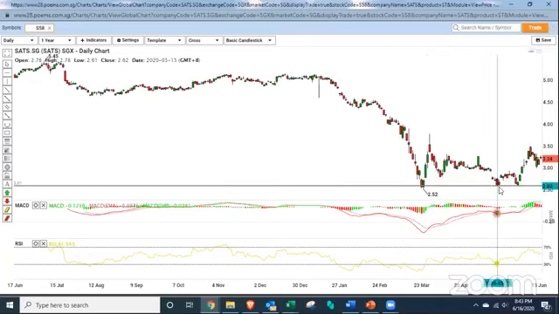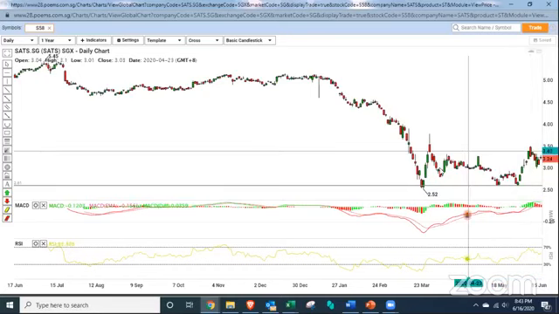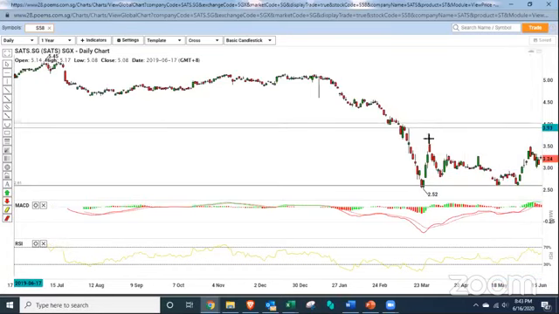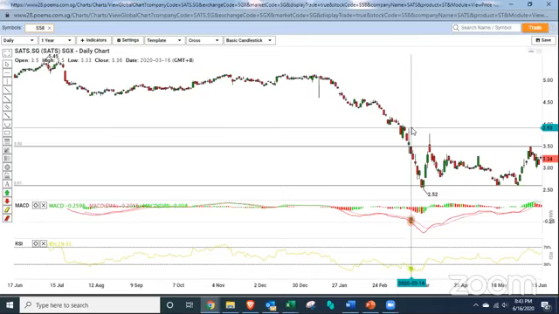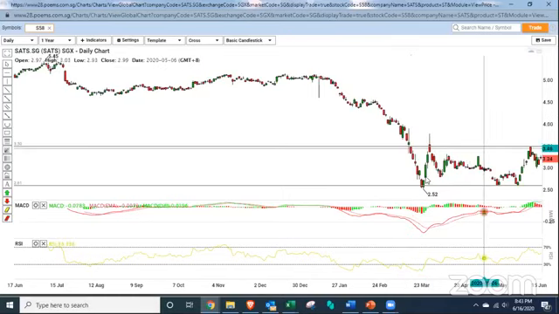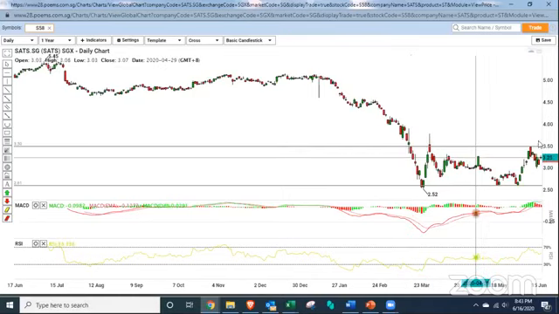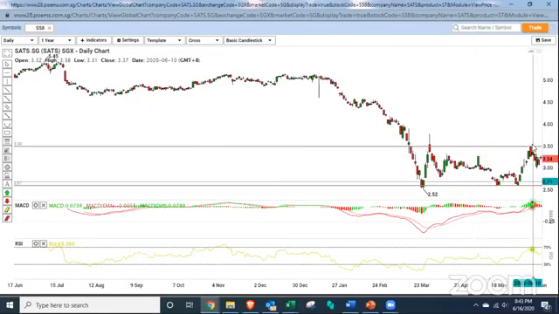So I will look out to buy at support level and sell at any potential resistance level. Maybe my resistance level is around here. You can see it's trading inside this range, so we buy at support and sell at resistance level for this SET.